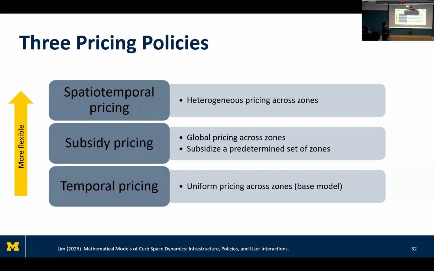Finally, the most flexible one is the spatial temporal pricing, where we don't provide that domain knowledge. We just let the solver or the model decide on what is the best pricing strategy at different locations at different times.